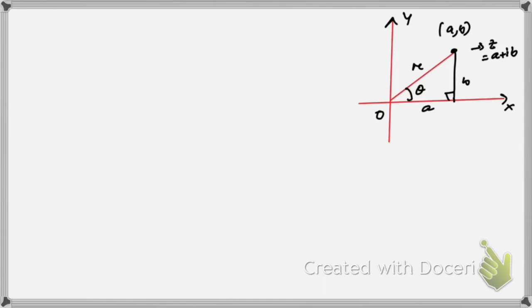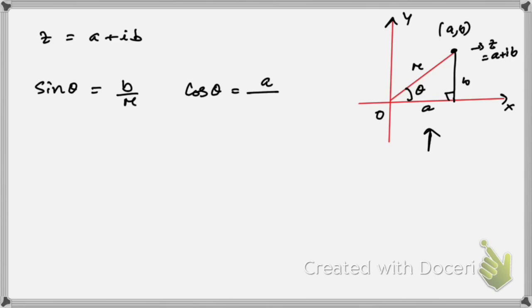So in this case, z is equal to a plus ib. From this triangle we can write sine theta equal to b by r, perpendicular by hypotenuse, and cos theta equal to a by r, base by hypotenuse.